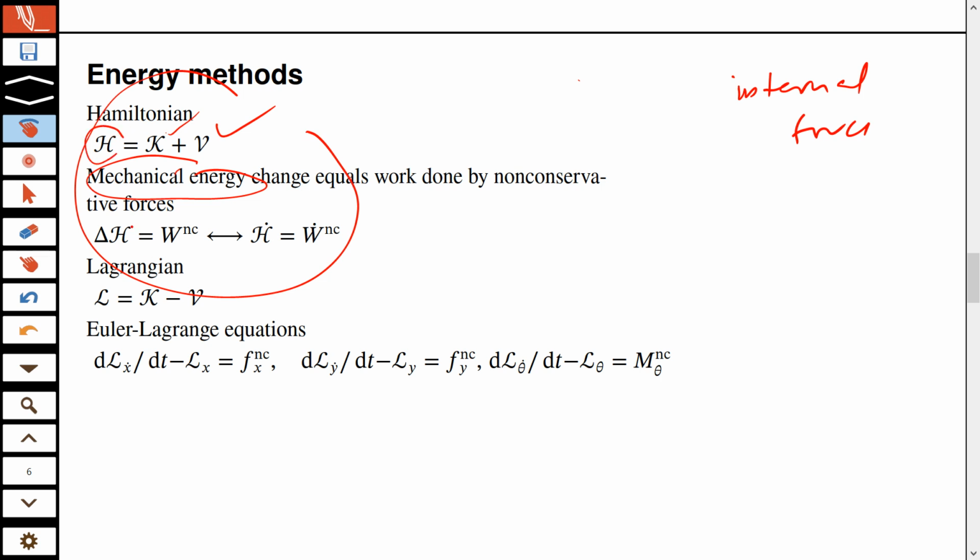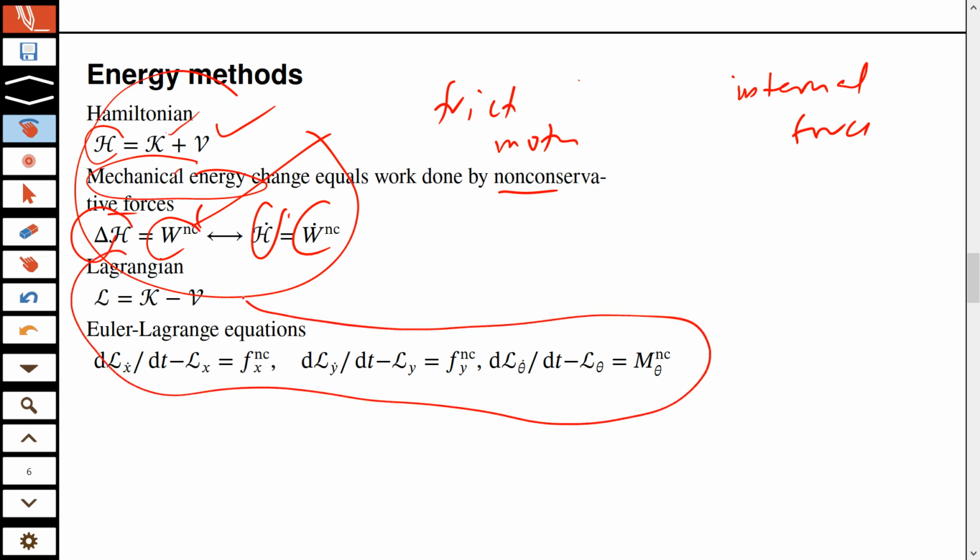And that mechanical energy can only change by work done by non-conservative forces like friction or a motor or any force you apply from the outside world. If you want, you can also write the differential equations. The Lagrangian is the alternative method, which is for more complicated problems, but for our purposes, this will be good enough for most cases.